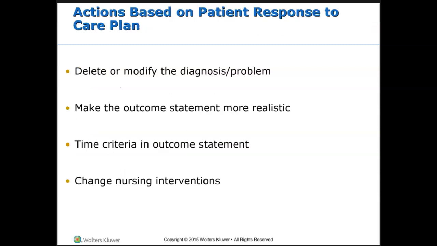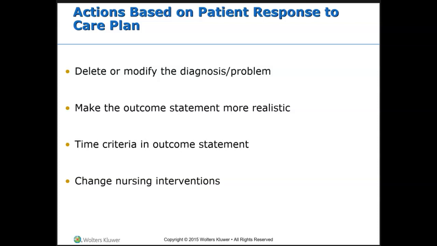So, actions based on that discussion and interview with your patient, right, to the plan of care, right? We are either going to modify the problem statement, right? Or we're going to completely delete it and recreate it entirely because it was just completely wrong.